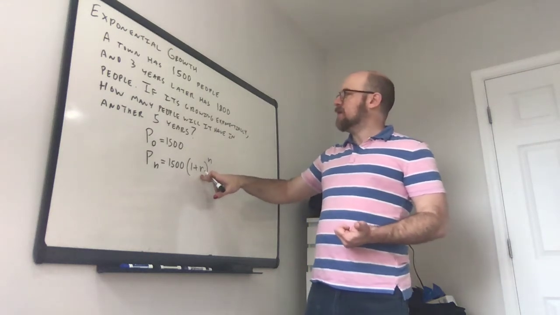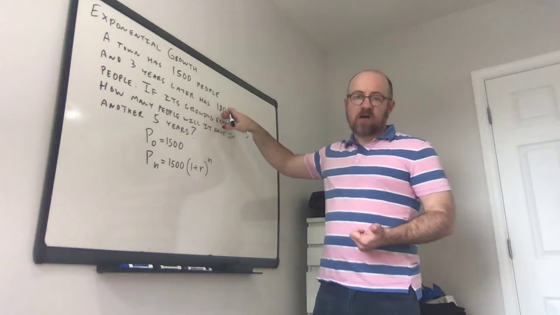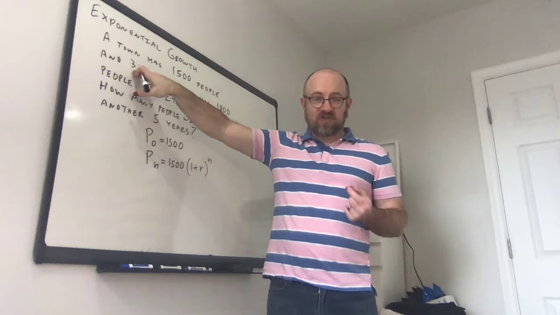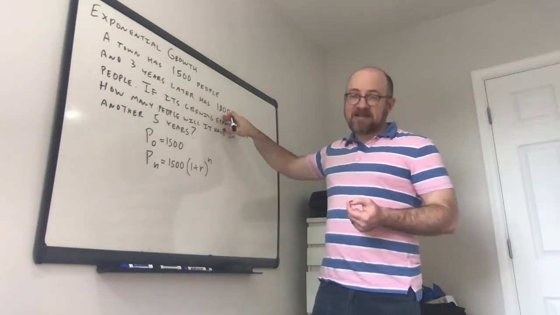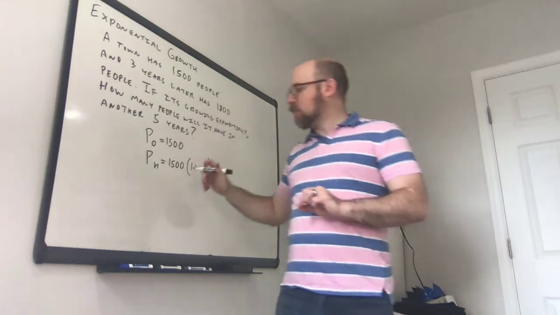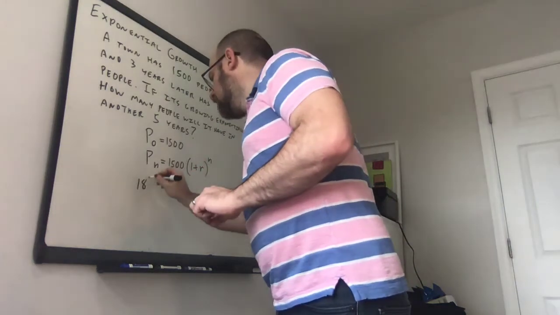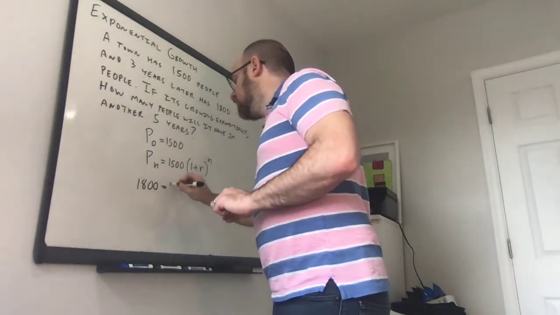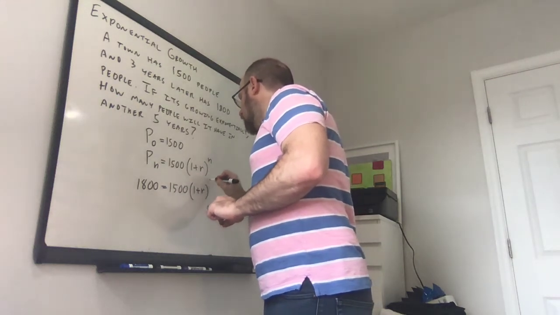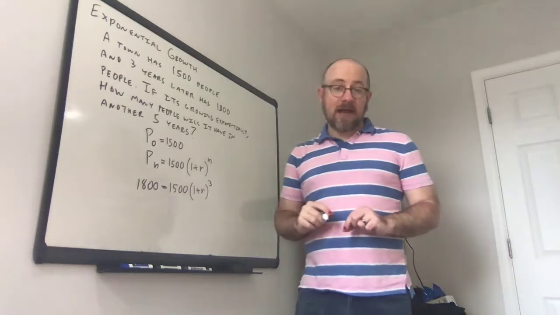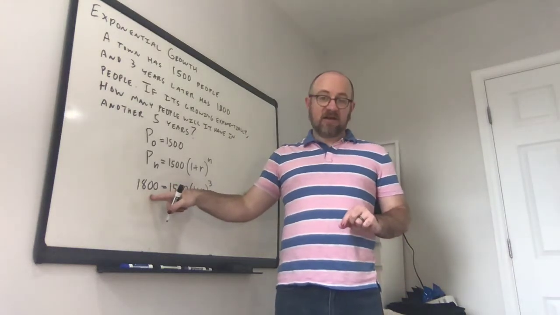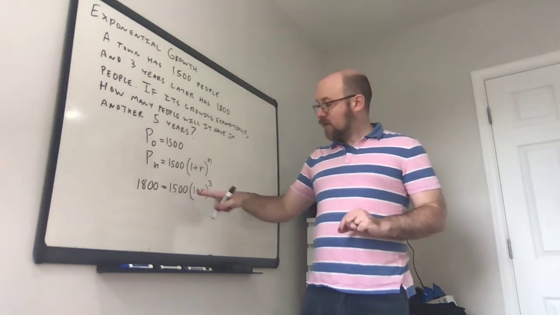And the easiest way to do that is to use our other point. So we know after 3 years, when n equals 3, we're going to have 1,800. So P sub 3 is equal to 1,800. So 1,800 is equal to 1,500 times 1 plus r to the third power, right? Because n equals 3, then we get 1,800 as our value, okay?